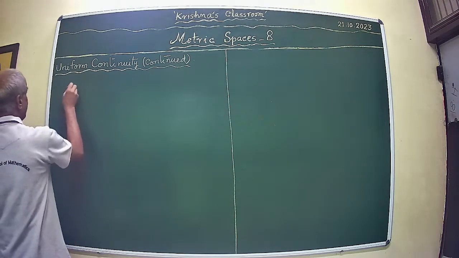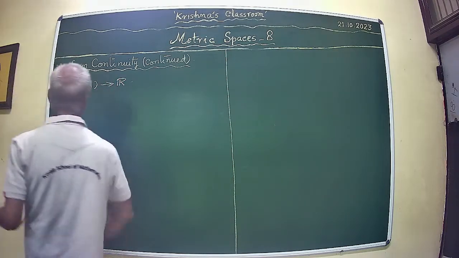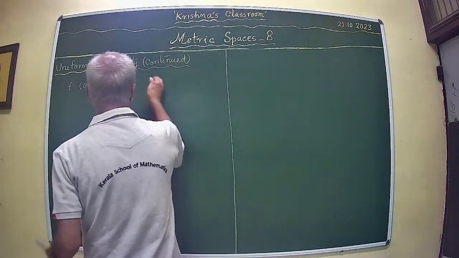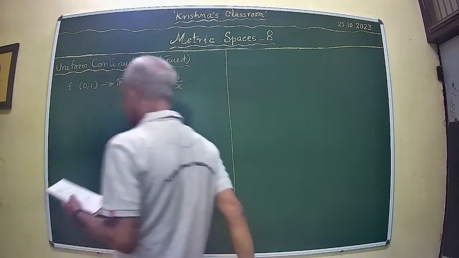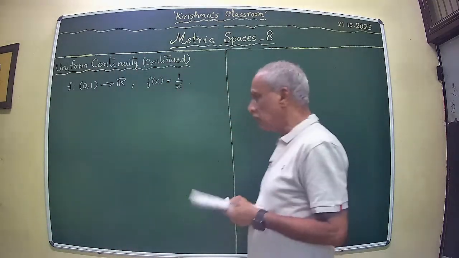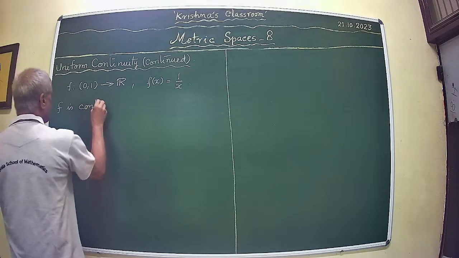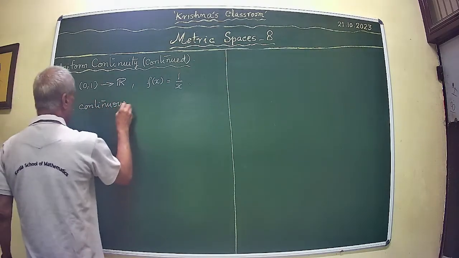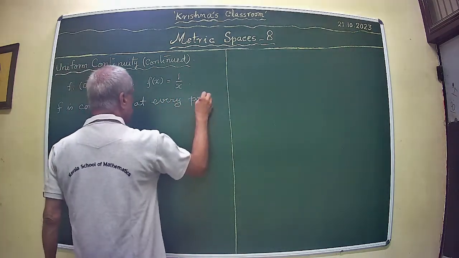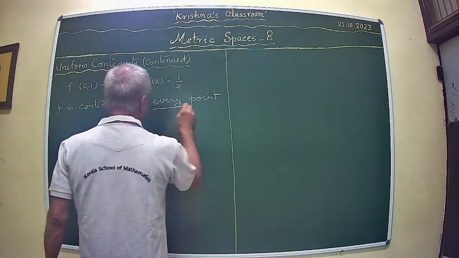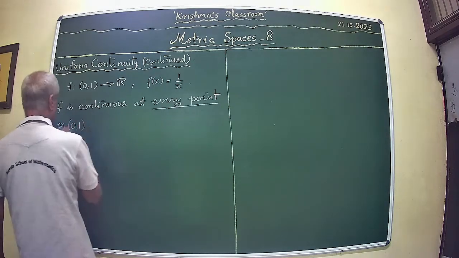So let f from (0, 1) to R be a real valued function defined by f(x) equal to 1 by x. Now f is continuous at every point on (0, 1).